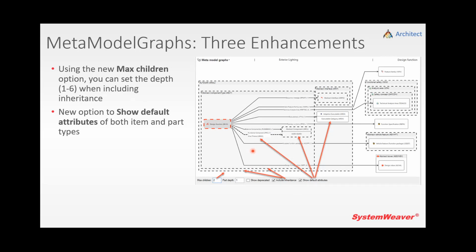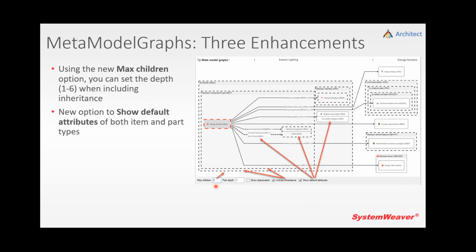So when you choose to include inheritance in the view, so that you can look at where each item type is coming from, if it's inheriting, you can now choose how far back you want to go or how high up you want to go in that inheritance. So here, for example, I'm choosing to only show 2 levels of inheritance, 1, 2, and you can set that to a depth of 1 to 6.